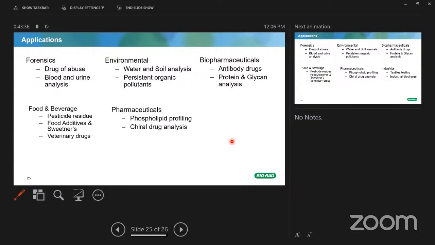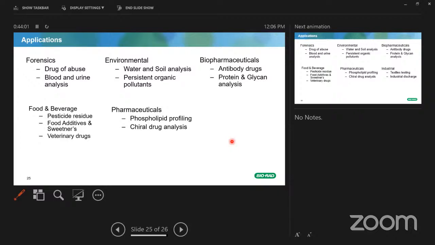Pharmaceuticals, as I told, in terms of chiral drug analysis. I'm assuming people know what chiral is, but just to give a brief, if you hold a right and a left hand together, though if you superimpose them they are different, when you hold them together they look the same.